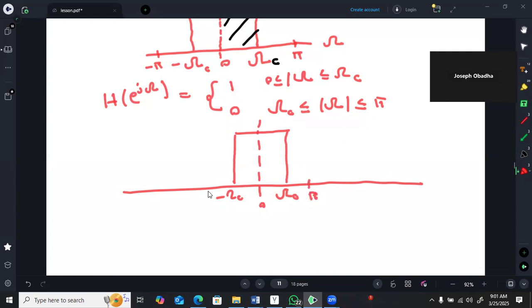We have pi, we have minus pi. So it repeats itself, so that if this is 0, after 2 pi here, we'll also have the same. Here I have 2 pi minus omega c, omega c, minus omega c, 2 pi plus omega c.